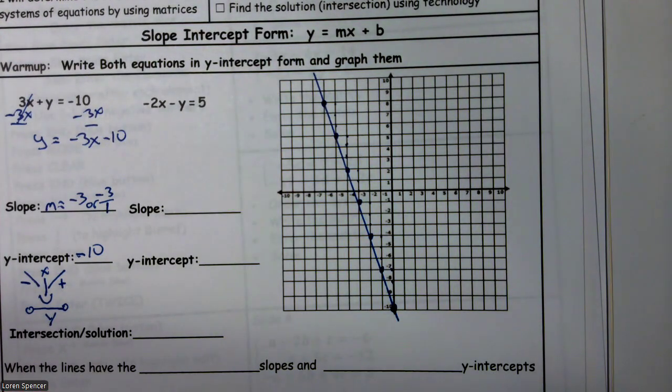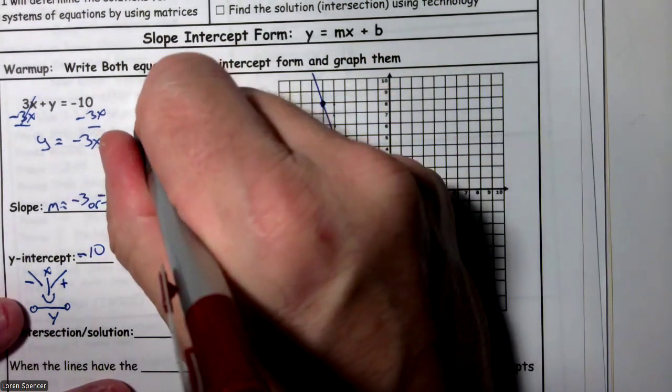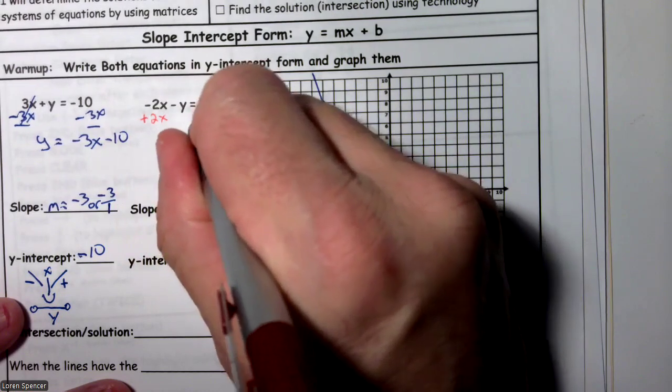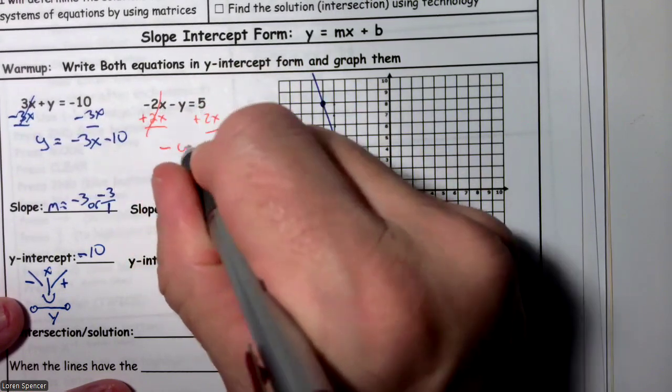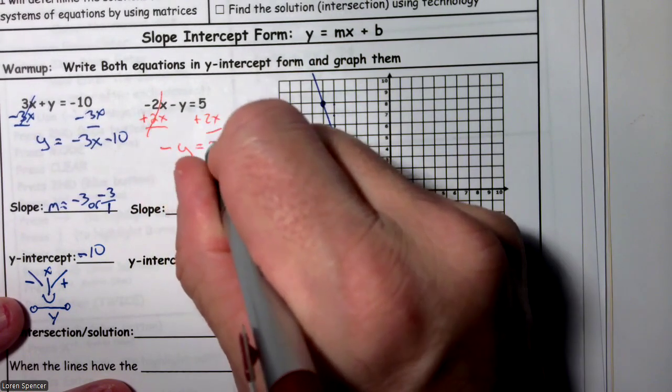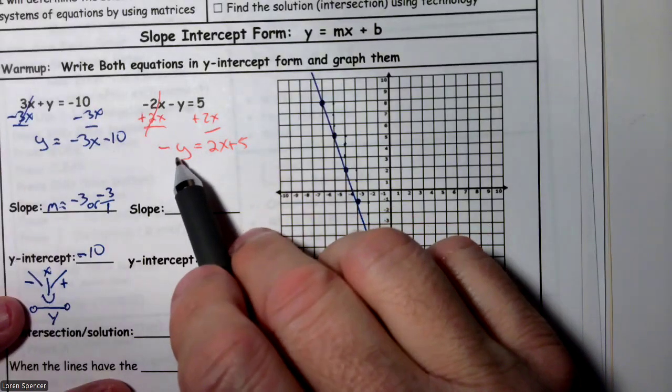Okay, on the next one, we need to move that 2x, and so I'll do that by adding 2x to both sides. This goes away, and now I have y equals 2x plus 5, because I can't combine the 5 and 2x, they're not common terms.